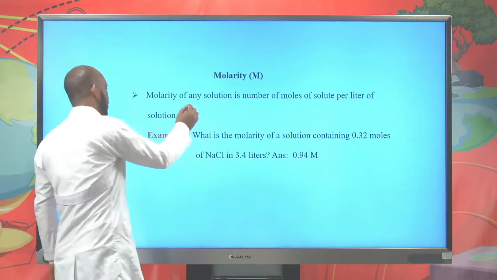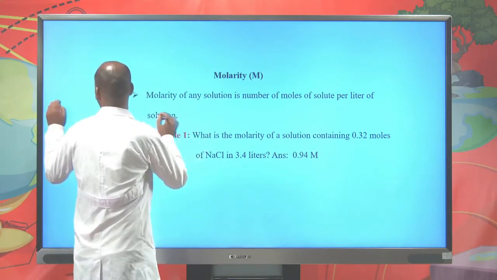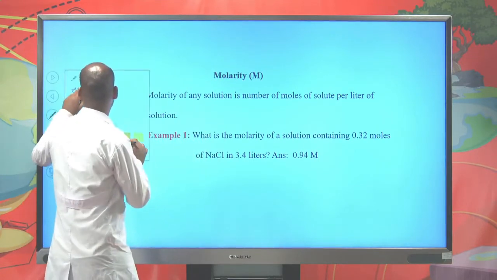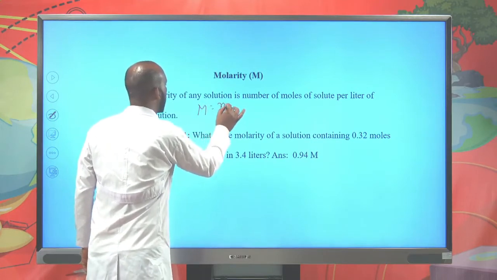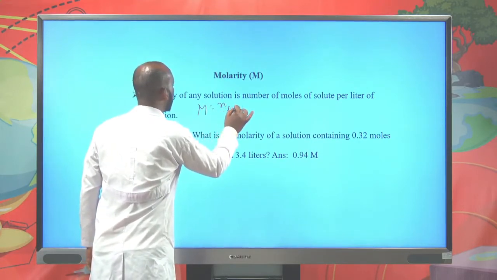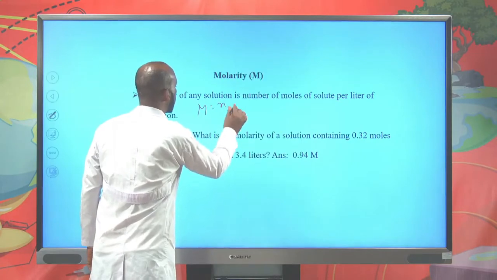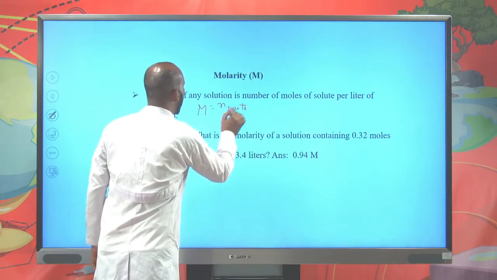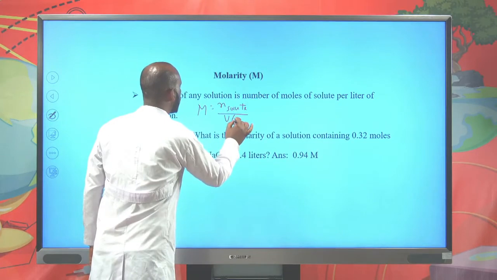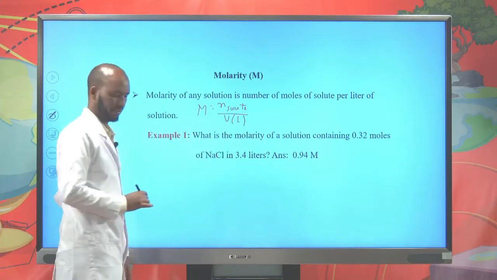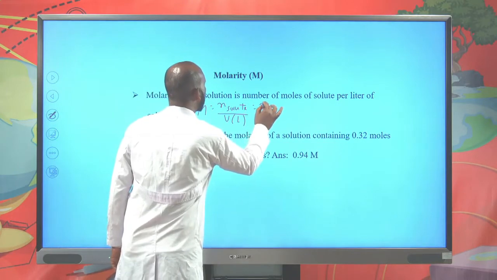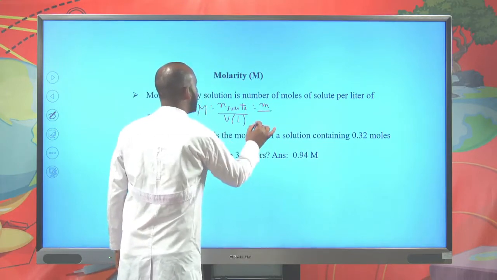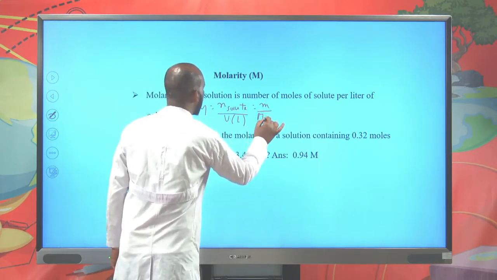Therefore, molarity equals the number of moles of solute divided by the volume of the solution in liters. But the number of moles of solute equals the mass of the solute divided by the molar mass of the solute.